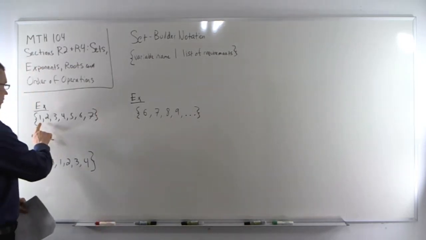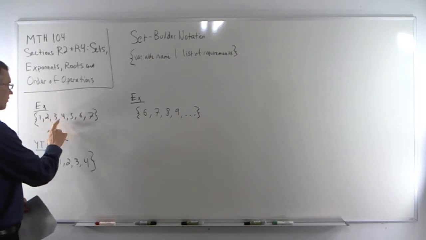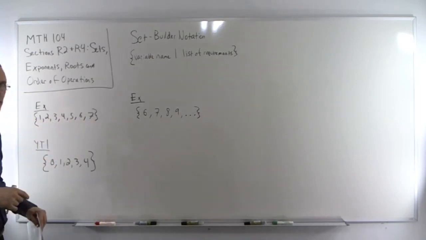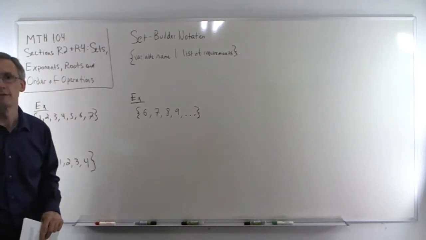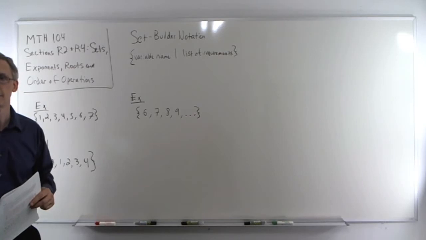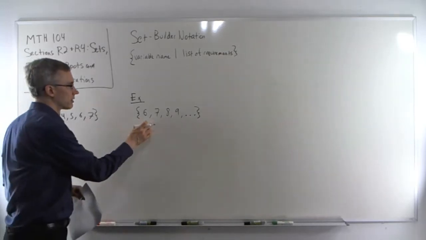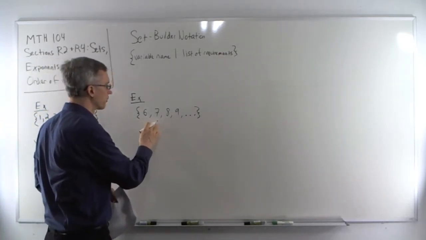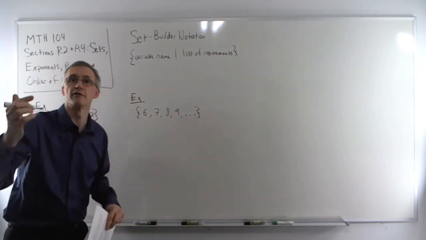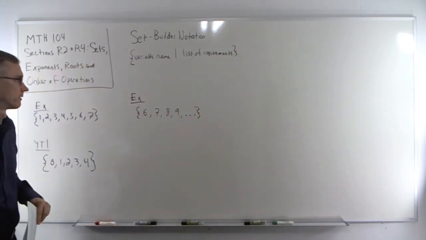In this one, we know it has 1, 2, 3, 4, 5, 6, 7 elements. This is called a finite set. There's a countable number of elements in the set. Over here, this is called an infinite set because we can't say how many elements there are in a set because it goes on forever.